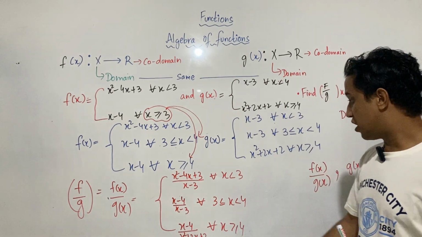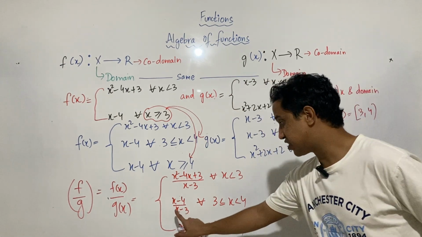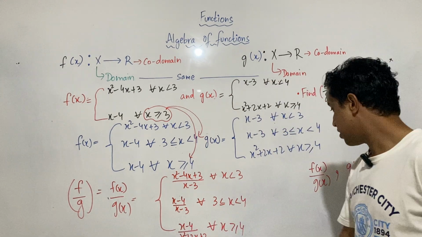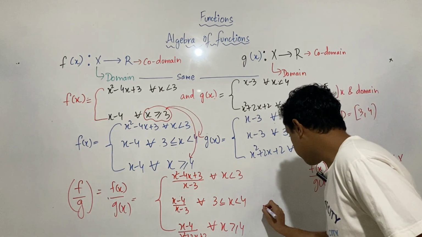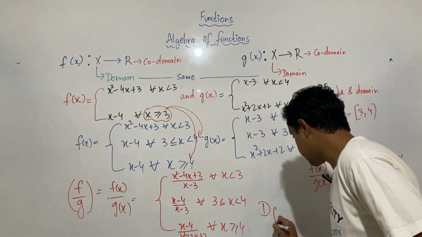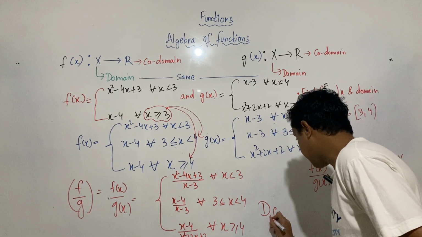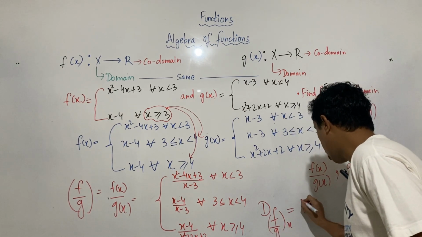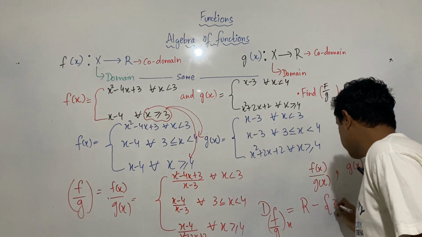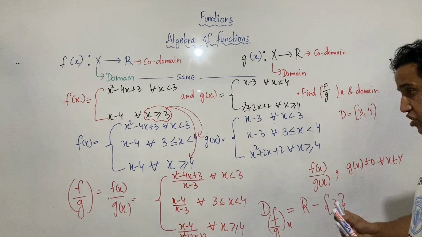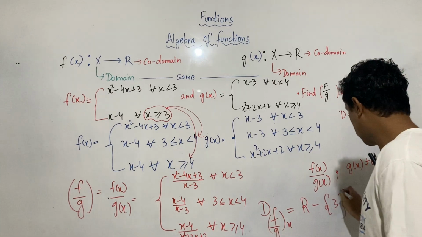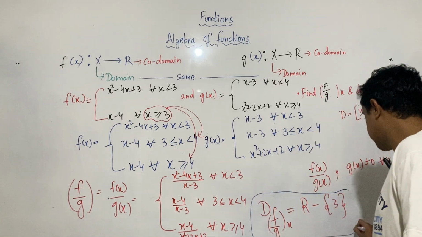So that's why we cannot take this 3. So I have to say that the domain of this function f by g(x) is going to be all real numbers minus 3.